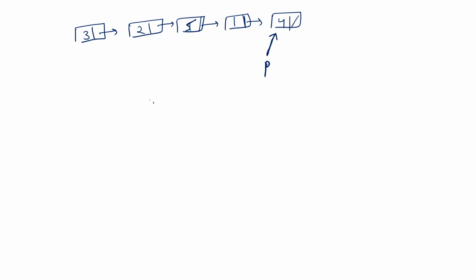If you write p dot data is equal to p dot next dot data, this part is null. It will be a null pointer exception because p dot next is null. It's the last node. It will not work.